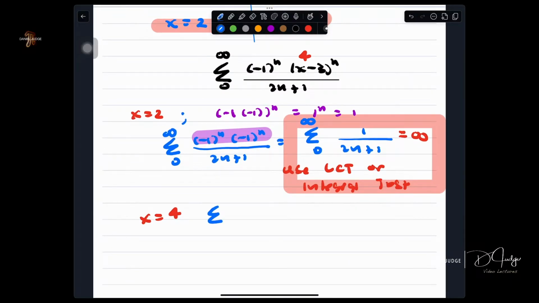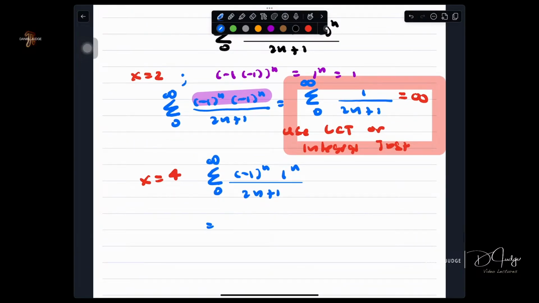The series will become negative 1 to the n, positive 1 to the n over 2n plus 1, which is going to equal simply negative 1 to the n over 2n plus 1.